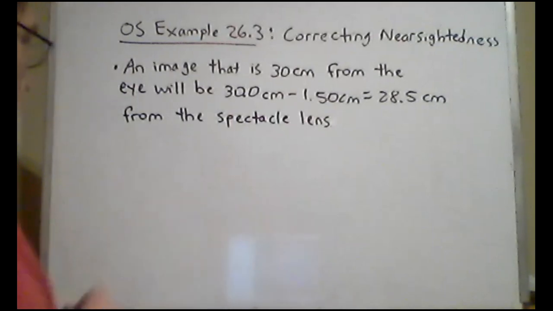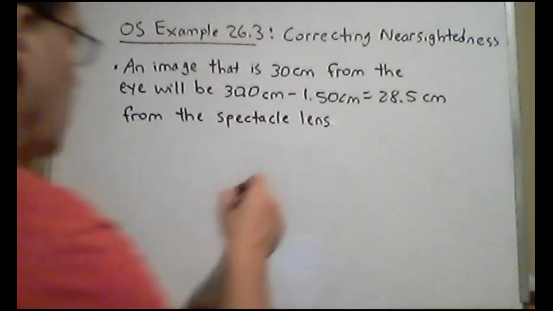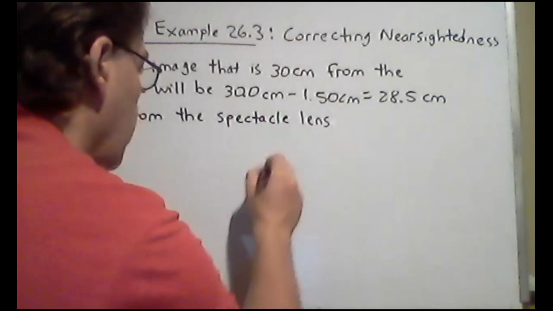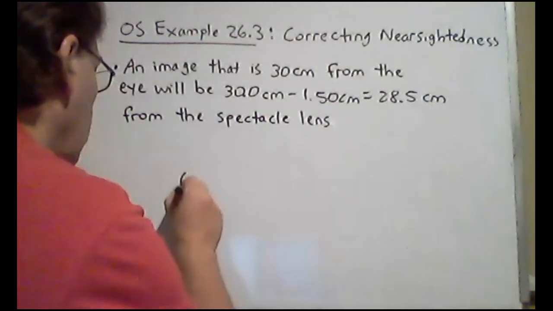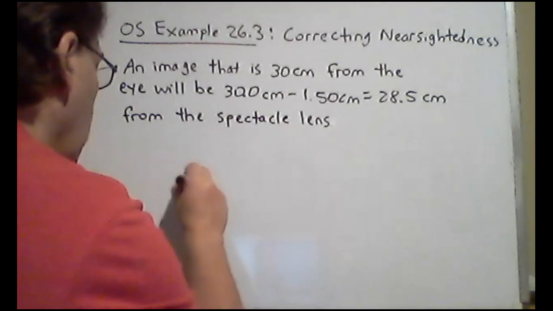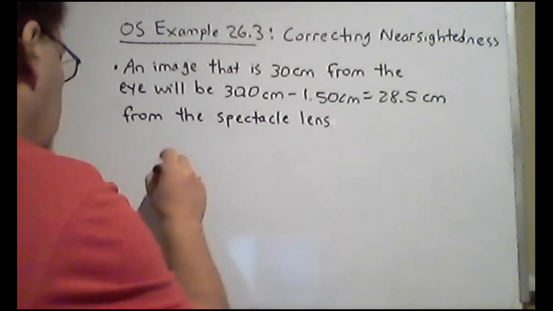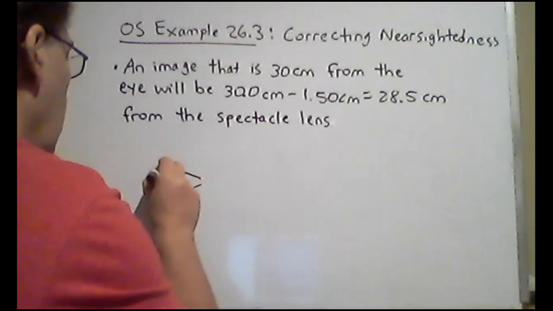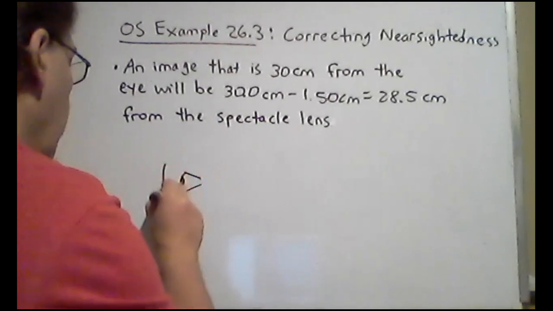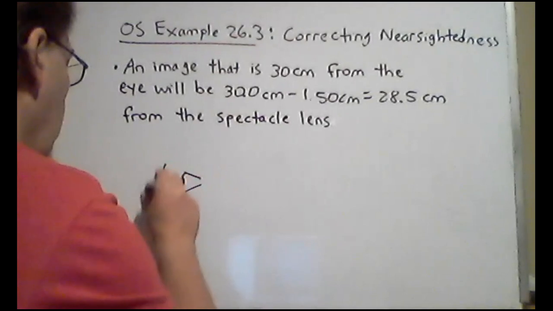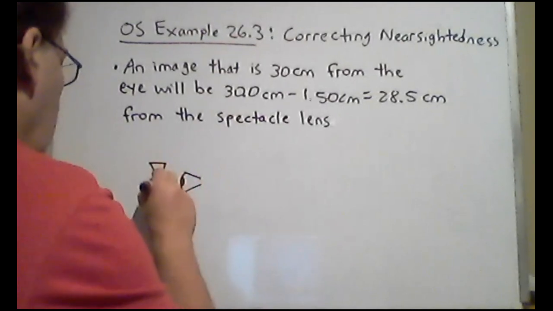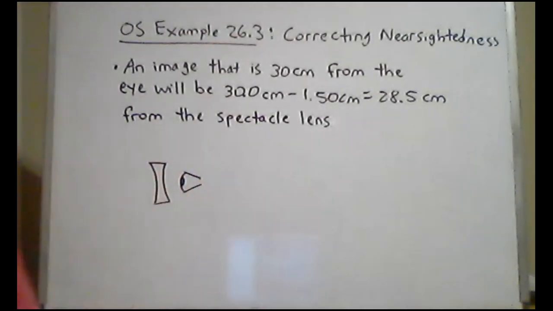So let's draw a little picture. We have the eye, there's your eye, and you have your spectacle lens. It turns out that for nearsightedness it's going to be a divergent lens. So what is it that you want to do?